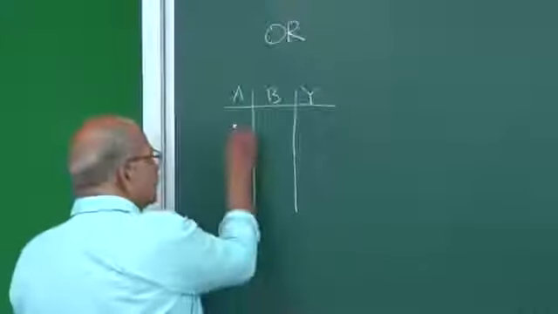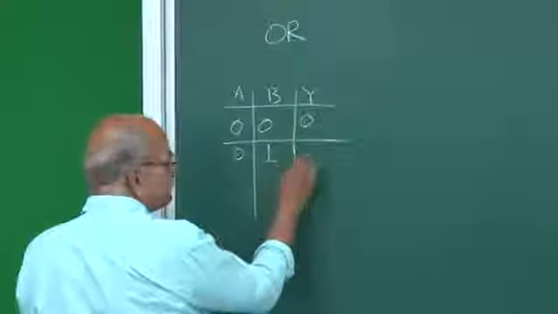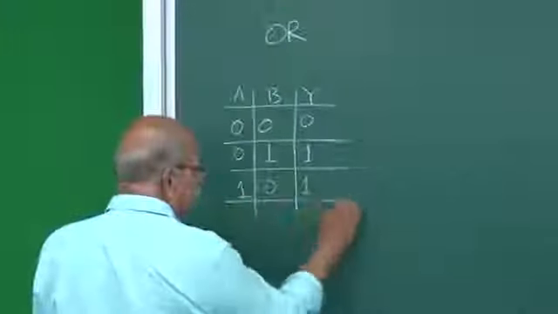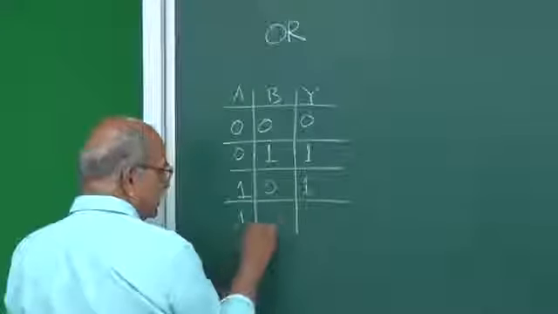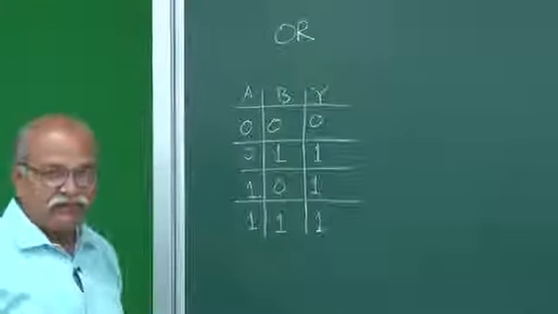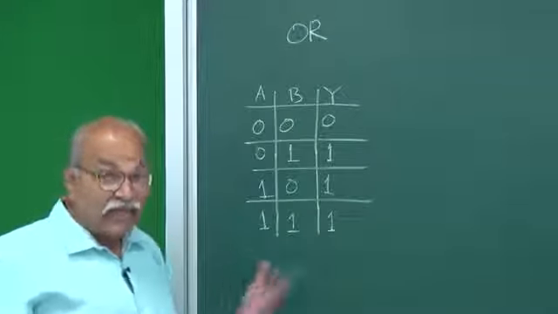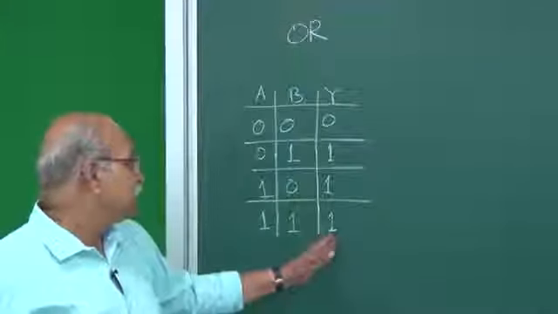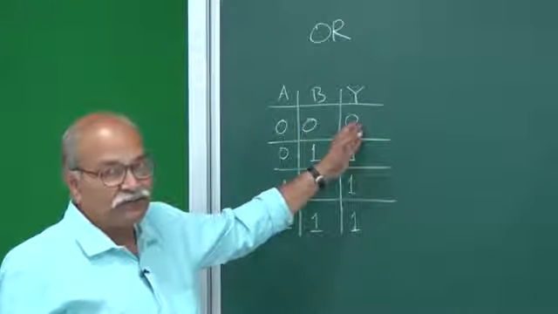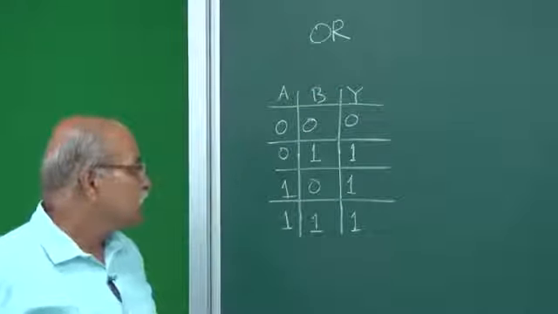So that is called OR. 0, 0 should give me 0, but then 0, 1 should give me 1, 1, 0 should give me 1, and 1, 1 should give me 1. So if at least one of these two, both is okay, is high, then the output is high. Only if both of them are 0, then it is 0. So that is known as OR, and this is the truth table for OR.